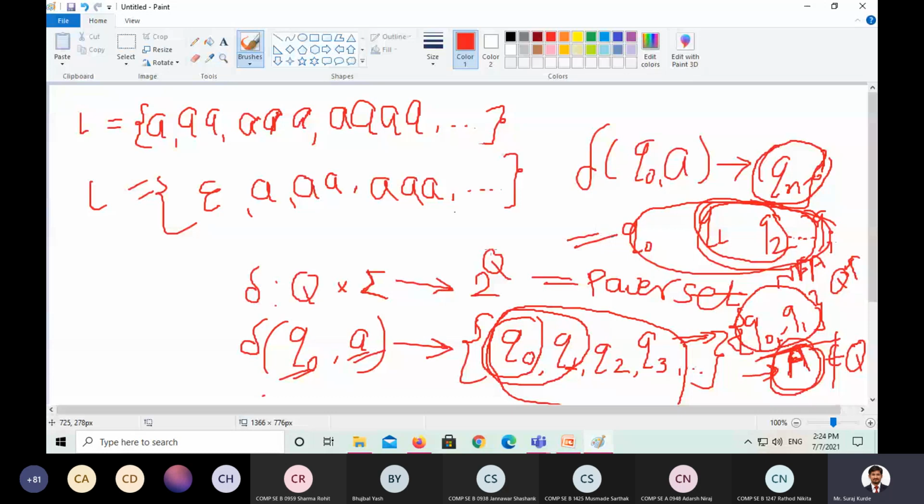We have to rename it something, A, B, P, Q, W, anything, whatever you want. A letter is used to represent this combination of states, and that new state does not belong to the earlier states of the diagram. So it is a new state. This is called a power set. It is 2 power Q.